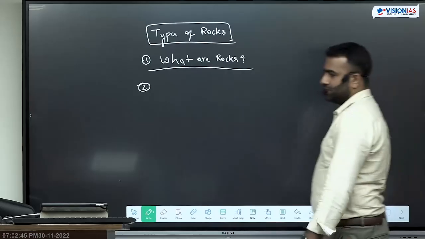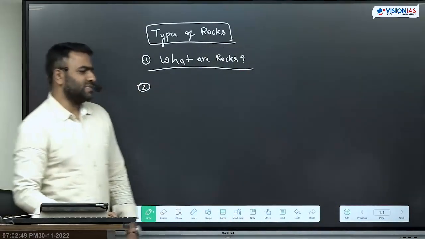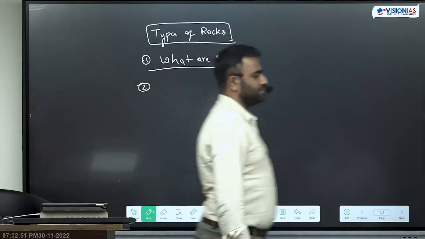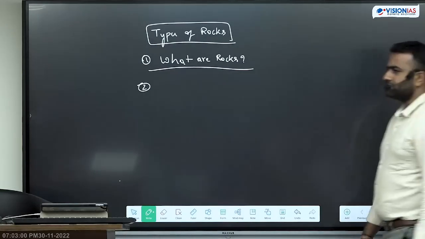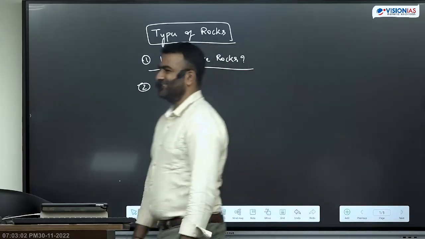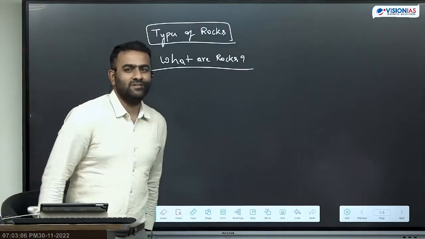Second, sedimentary rocks. Third, metamorphic rocks. So what is the basic difference between these three types of rocks? The igneous rocks are formed directly from magma. What is magma? So what is magma?